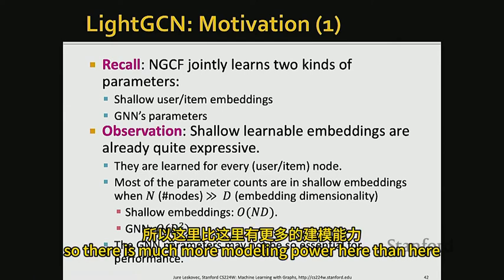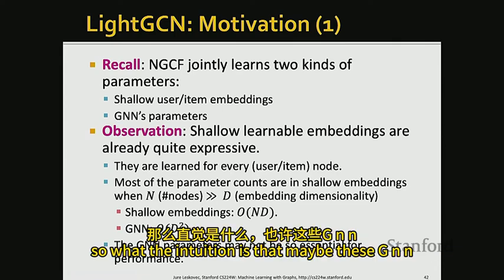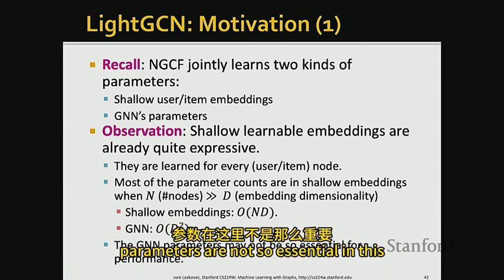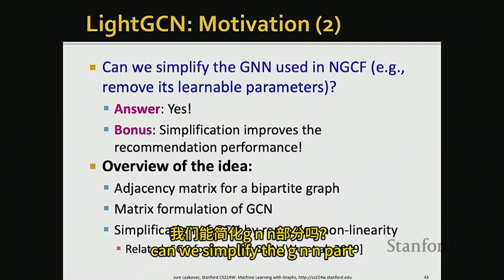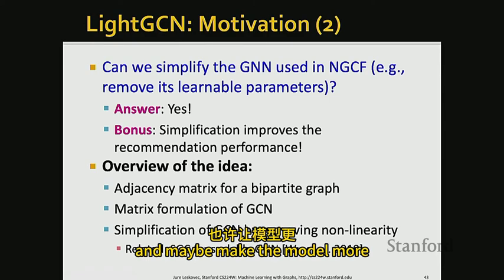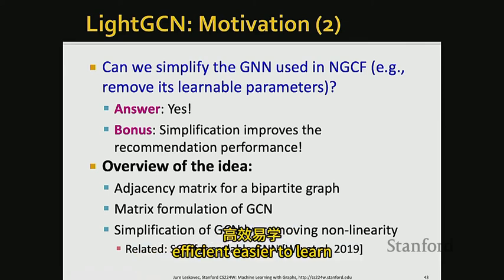So there is much more modeling power here than here. So the intuition is that maybe these GNN parameters are not so essential. So the question is, can we simplify the GNN part and maybe make the model more efficient, easier to learn?